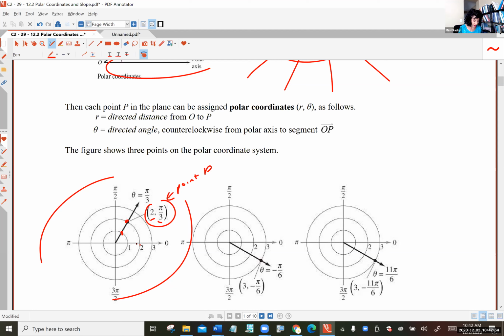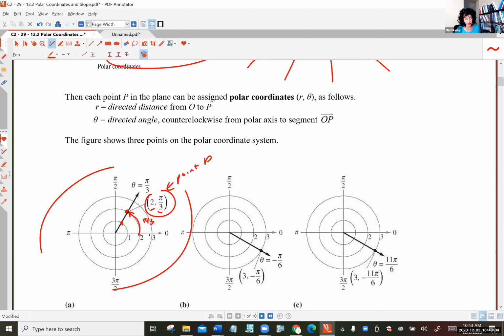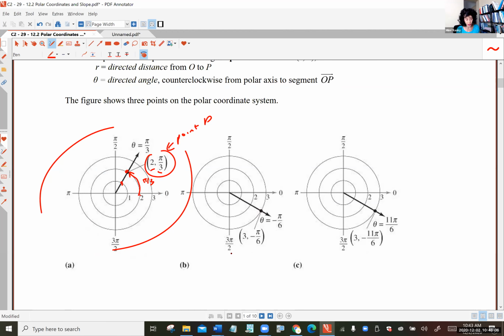And then pi thirds is the angle that you're making with the polar axis, the positive x-axis. So there would be the point (2, pi/3). And then there's the other example. You're plotting this point right here with ordered pair (3, negative pi/6) because you're 3 circles away.